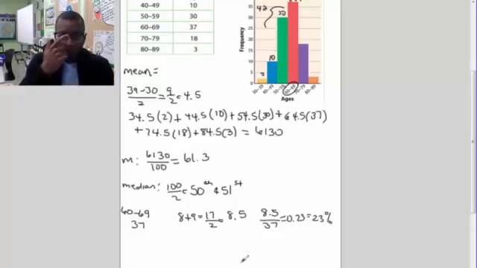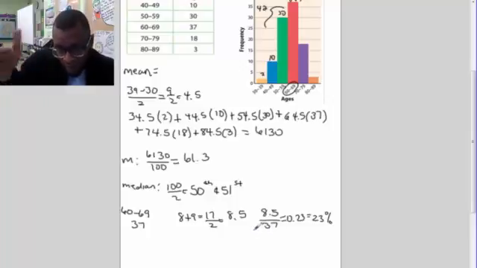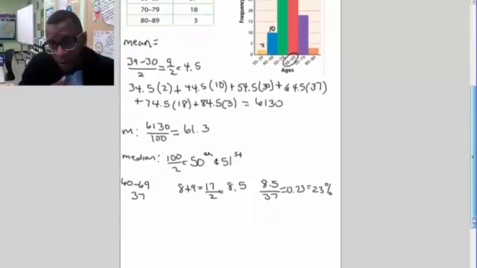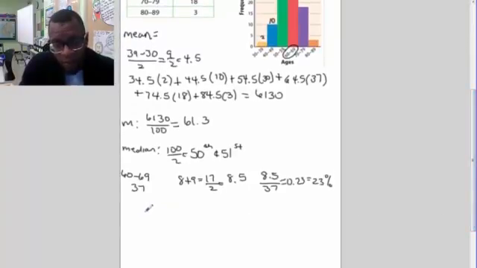Okay, so 23% of that increment of 10 is going to get us to our 8th and 9th value. So we want 23% of that increment, and we know that increment is 10, and then we're going to add our lowest value in that increment, which is 60, and that will give us our median value.